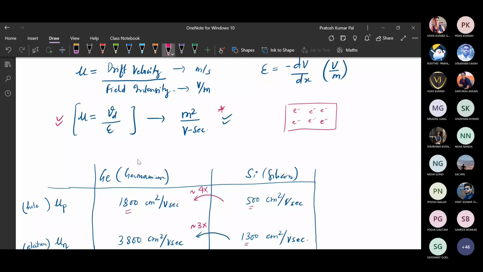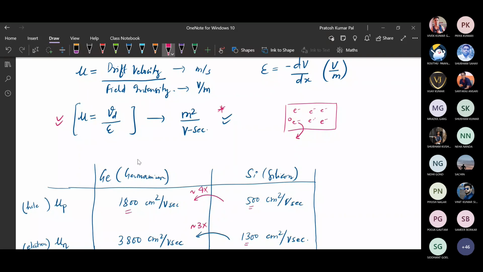An electron is moving from the structure. Once the electron is moving, it is negatively charged, and once it moves from its position, it will create a vacant space. That vacant space is represented by a hole.